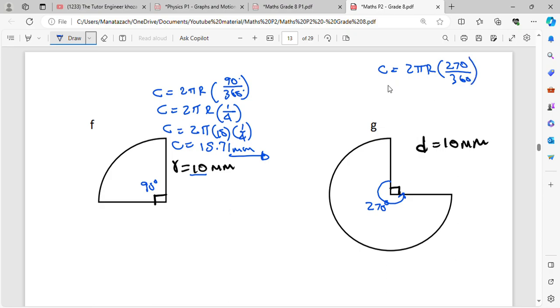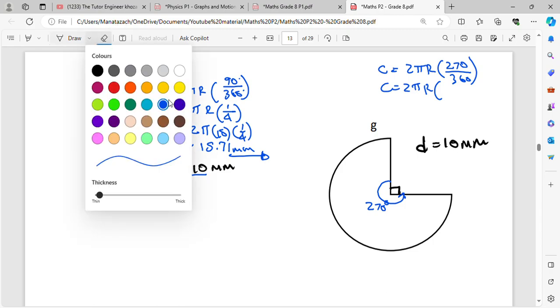You can simplify 270 divided by 360. It's going to be 3/4 rather. So let's write 3/4.